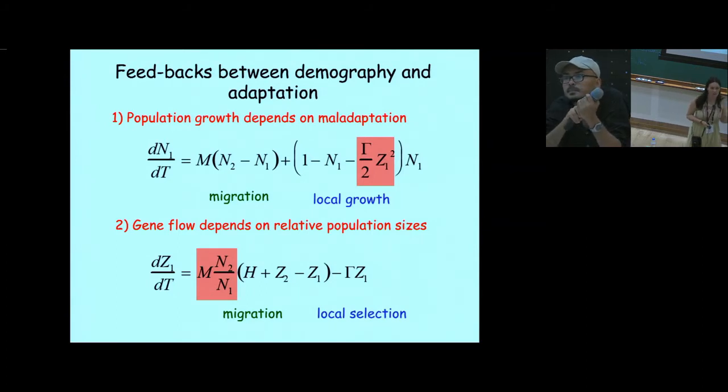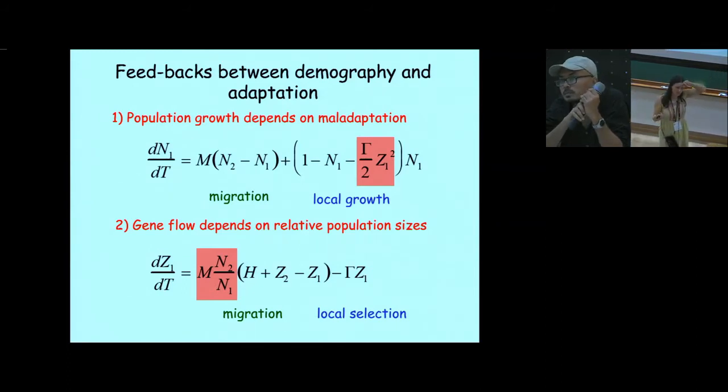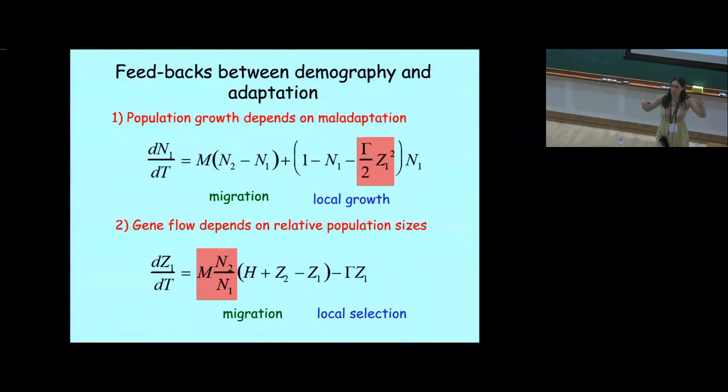I don't think this was ever implemented in a model with this kind of feedbacks between demography and adaptation. But there have been models trying to look at how this type of informed dispersal would affect divergence or differentiation or local adaptation, or how the phenotype will evolve, but not taking into account the feedback with demography.